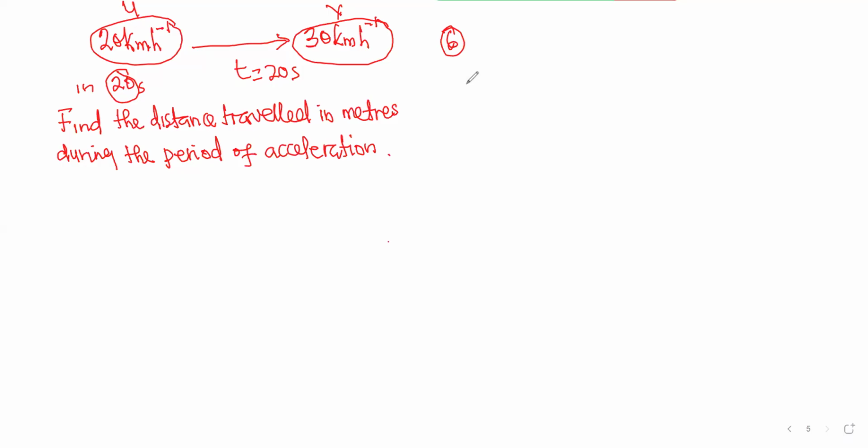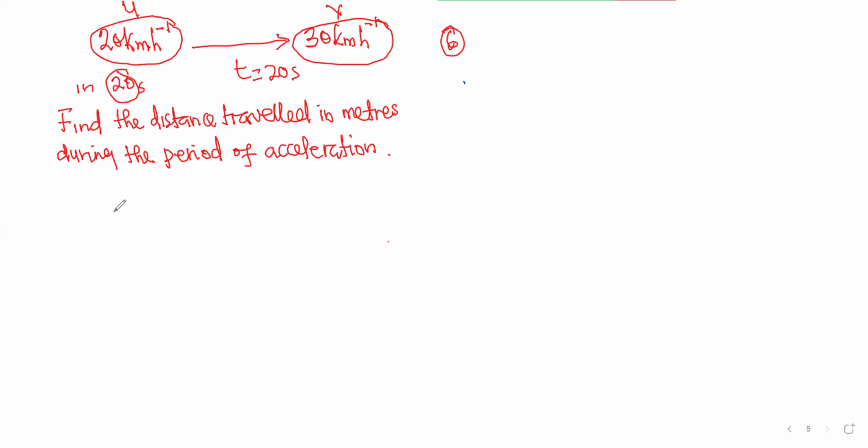The only trick in the question is that whenever in physics you are given quantities and other quantities are not in SI units, you must convert them to SI units, else your calculations will be wrong.